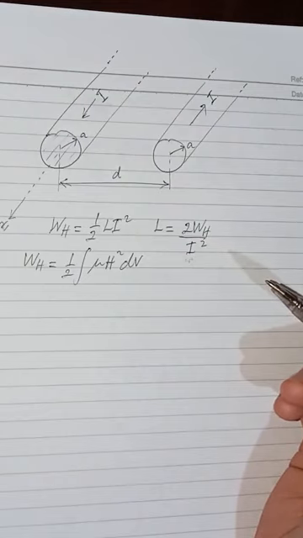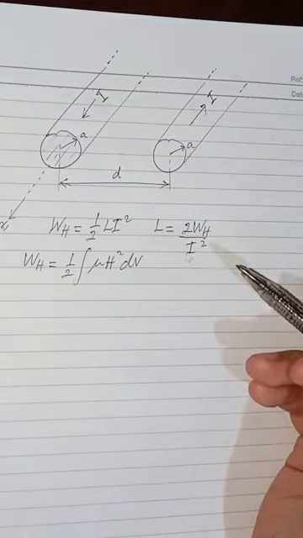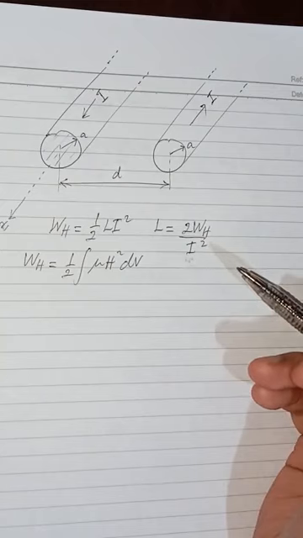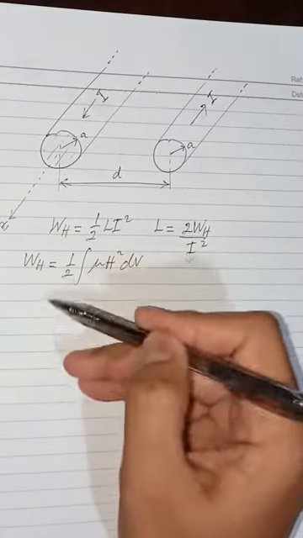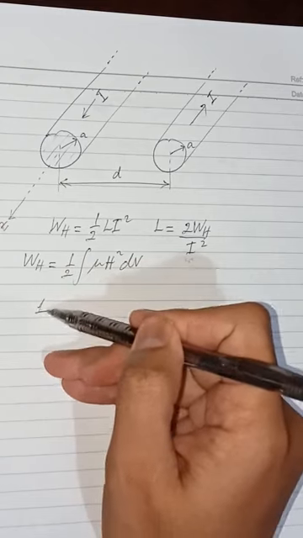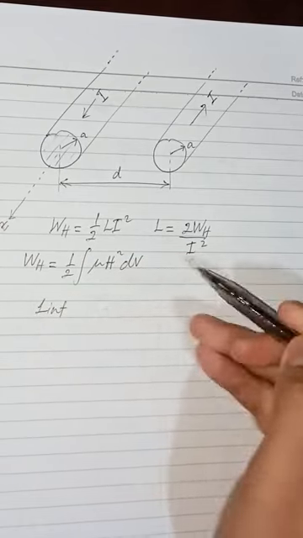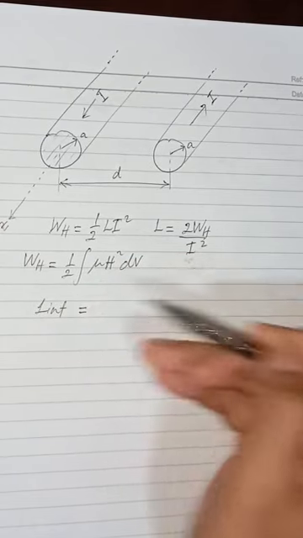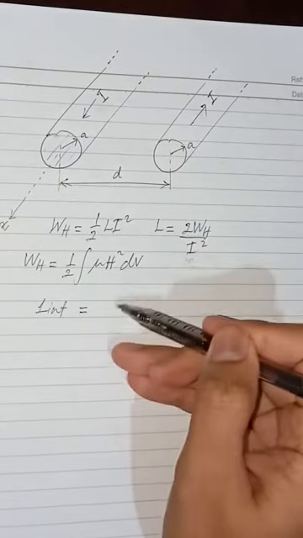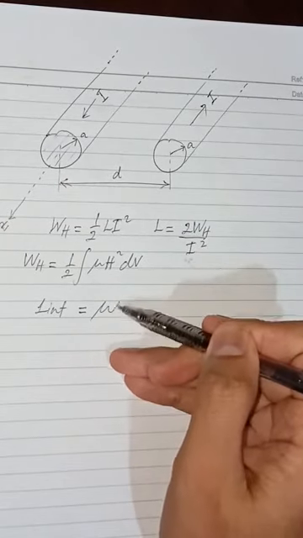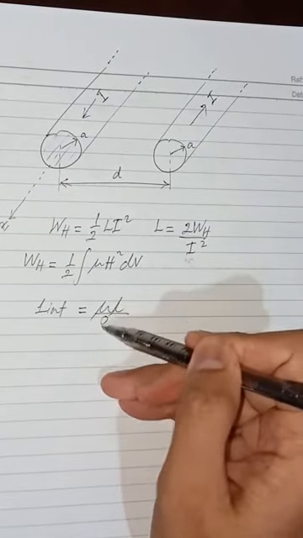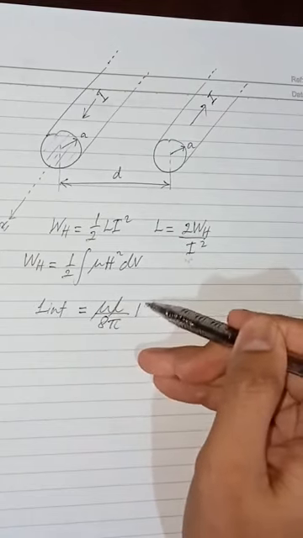As we recall from our last lecture, we proved together the general formula of the self or internal inductance of any wire. The L internal, or self inductance, for any wire is simply mu L over 8 pi henry.